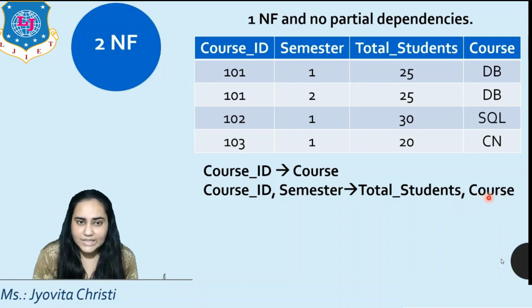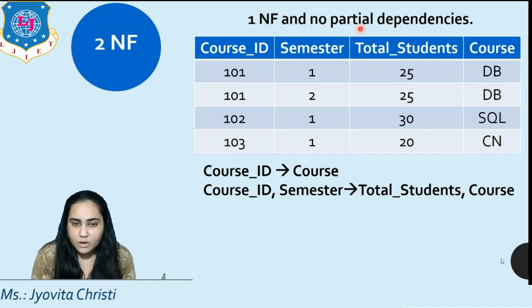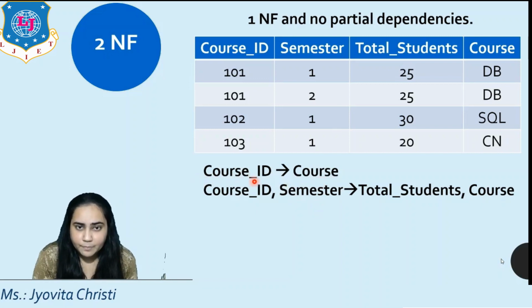So this is now a partial dependency where you see that course depends on course ID as well as semester both together, but at the same time course can be determined by itself just by looking at the course ID.